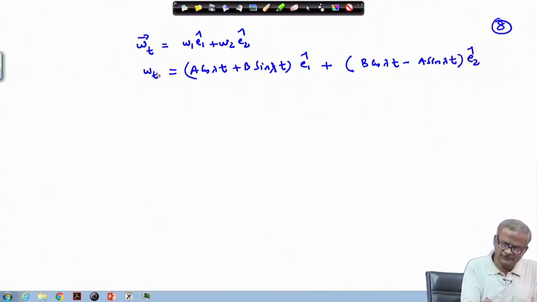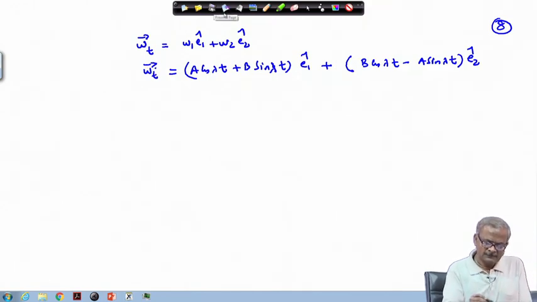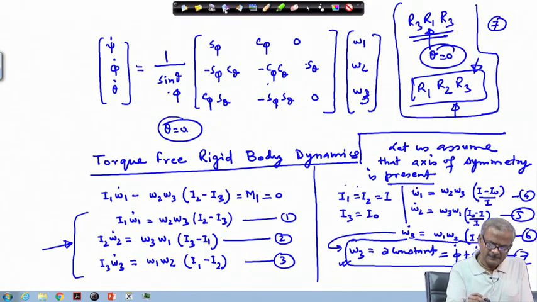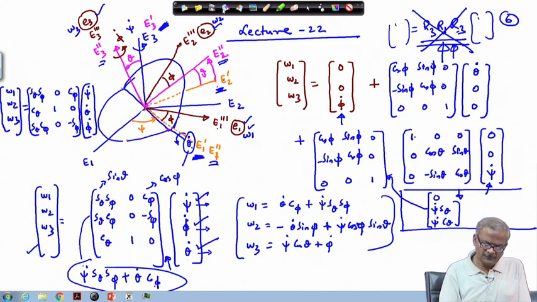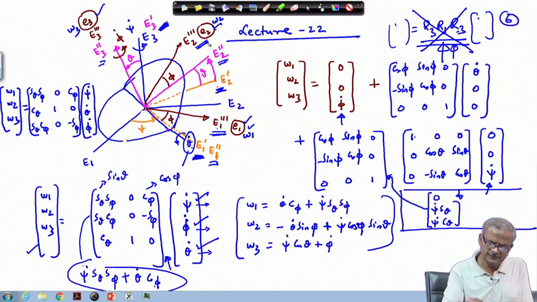So, this is your omega t. What does omega t mean? If we go to this figure, omega t lies in the plane of E 1 triple prime and E 2 triple prime.